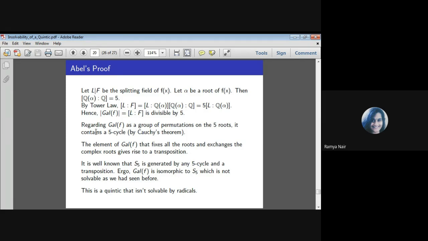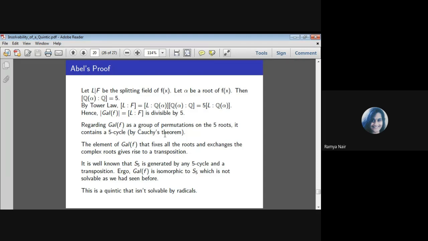I don't know if you know these results, like there is this result by Cauchy which says that if you have a finite group and a prime which divides the order of the group, then there is an element of that order.